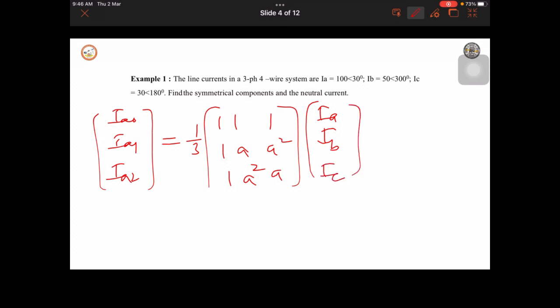With this matrix equation you can write the symmetrical components of current, that is IA0. IA0 is 1/3 of IA plus IB plus IC.